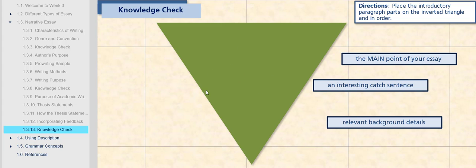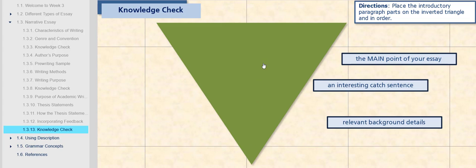In the middle here is a bridge, where you set up the context of your thesis statement as to why dogs reduce stress. Then at the very bottom here, you're telling everybody dogs reduce stress because reason 1, reason 2, reason 3. Your thesis statement is the most specific sentence in the introduction.